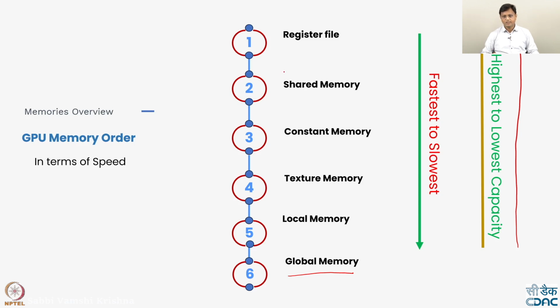Similarly, in the other direction, the accessing speed of the register is fastest. As we move to the global memory, the accessing speed is reducing, meaning latency is high.